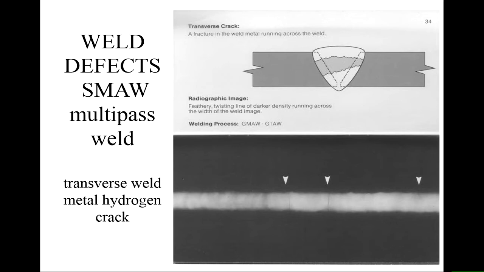Again, any crack will appear darker on an X-ray image, but just try to imagine how dangerous these are, because without radiography you wouldn't notice anything because the cap looks very good. Also, if you look at the root, it seems to be a sound weld, so the only way to observe it is by performing radiography.